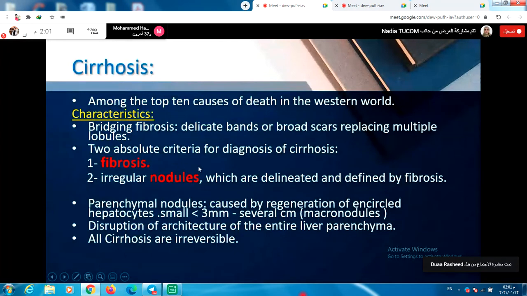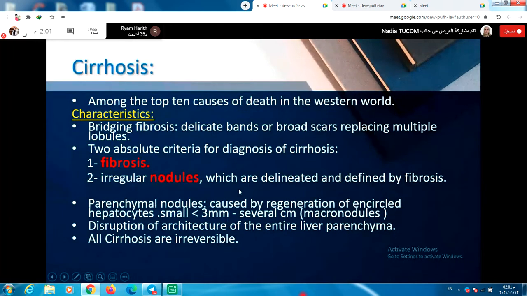Fibrosis between two adjacent portal tracts is not called a nodule. A nodule requires fibrosis through the six portal tracts of the hepatic lobule.